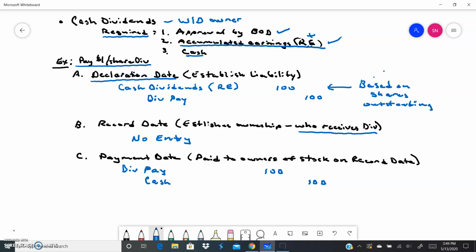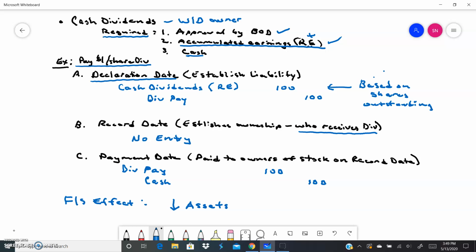So, what's the financial statement effect of the declaration and payment of a cash dividend? Well, first of all, assets are going to go down. So we're paying out a cash dividend. And of course, ultimately, the cash dividend account gets closed to retained earnings.